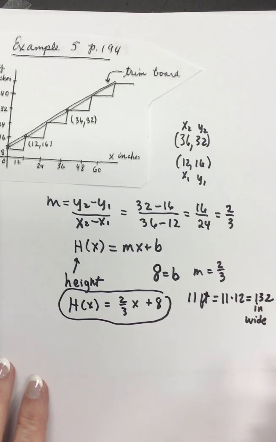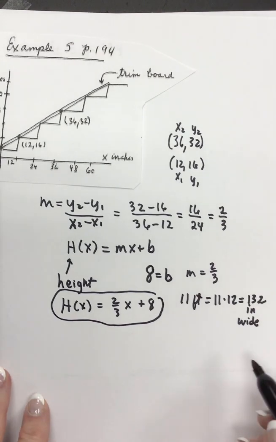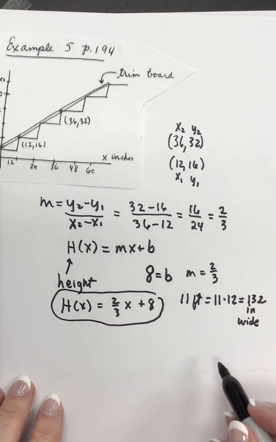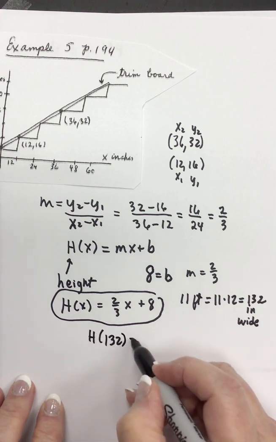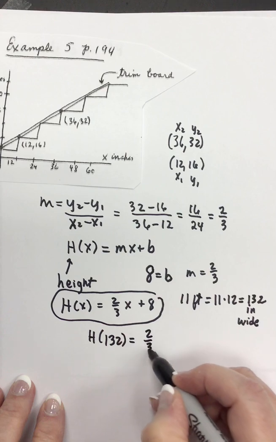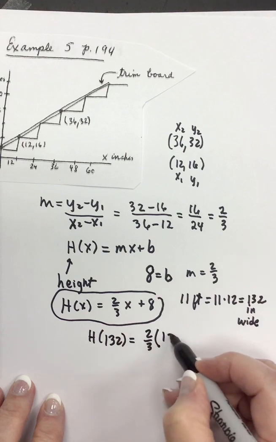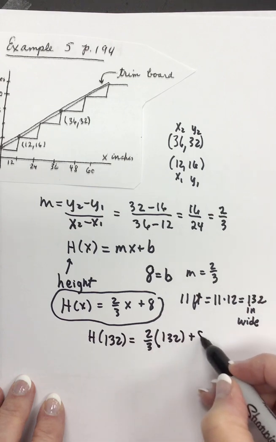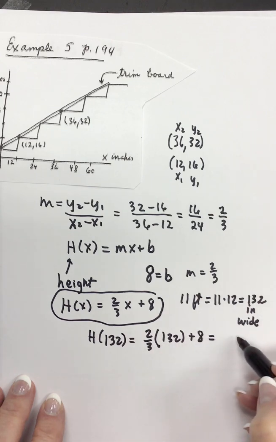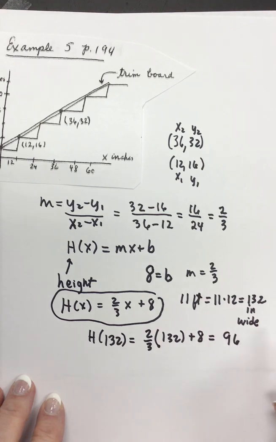Let's move it over so you can see better. Okay, so we end up with h of 132 equals 2/3 times 132, that's our input, plus 8. And that gives me 96 when I do it out on my calculator. So 96 what?